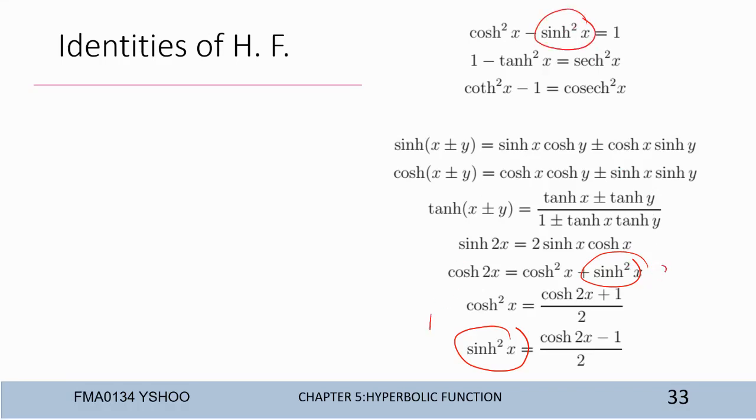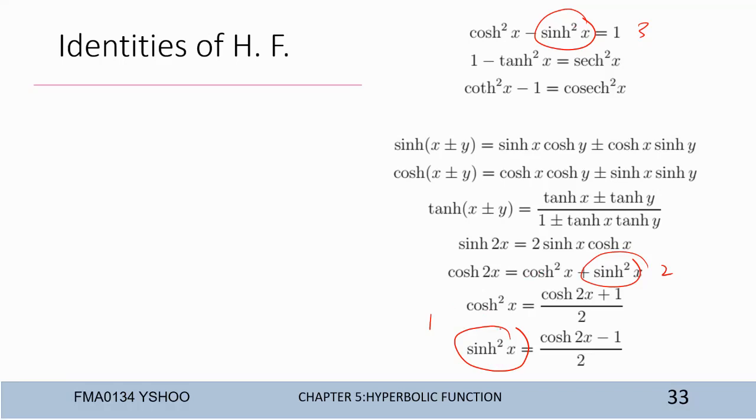So you have the first choice, second choice, and third choice. Which formula do you want to use? If you look at the second and third, if you change this sine squared, you will get cos squared. You will go back to the same boat. And if you use the second one, if you choose this sine squared, you're still going to have cos squared. You are going back to the same boat.